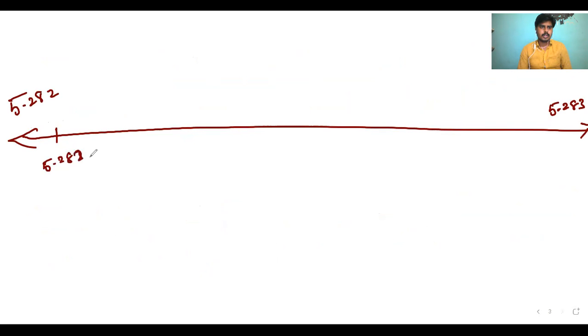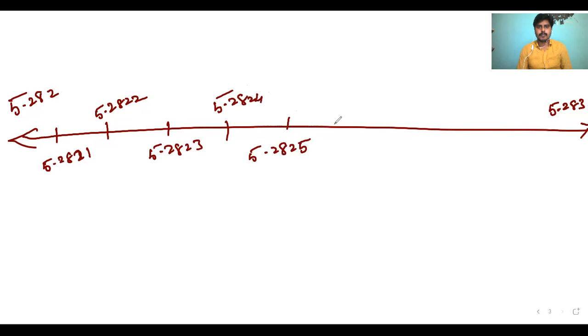See, here it is 5.2821, 5.2822, 5.2823, 5.2824, 5.2825, 5.2826, 5.2827, 5.2828, 5.2829.